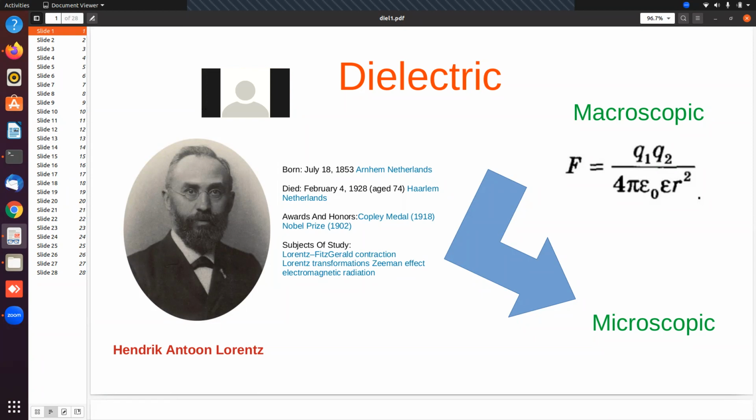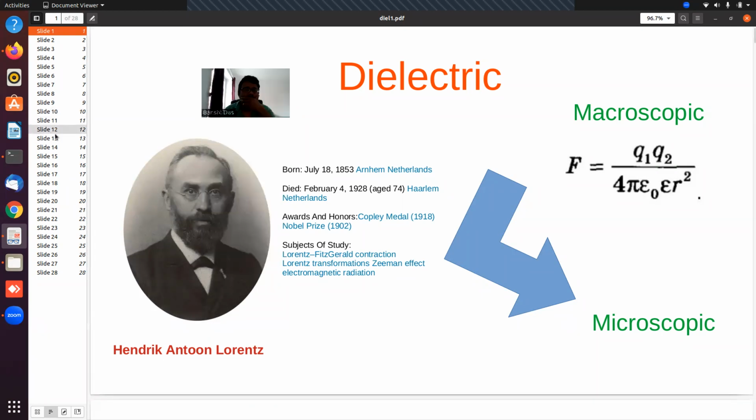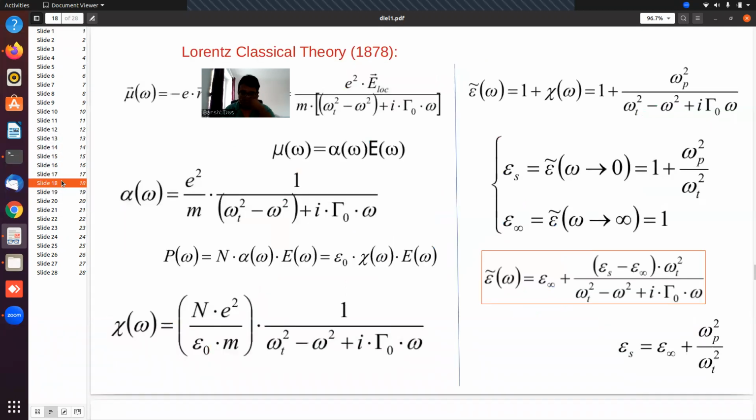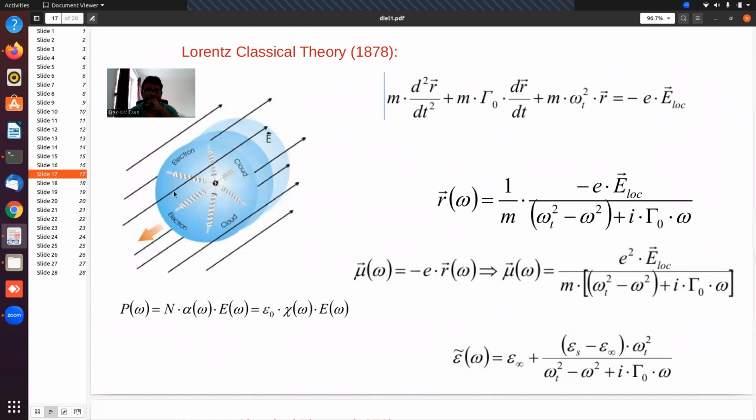Banshi, go to slide 18. Okay, 17. Here you said that the displacement will give me mu, and after I get the mu, I can calculate epsilon.